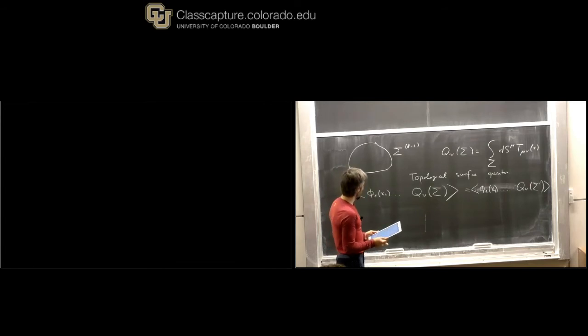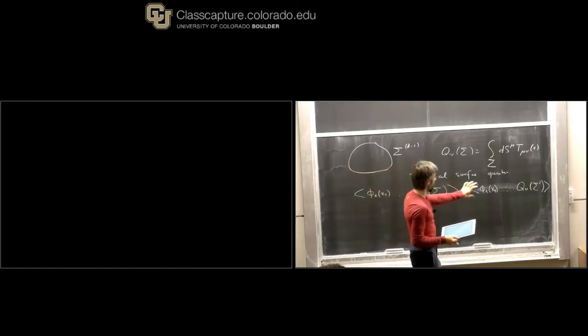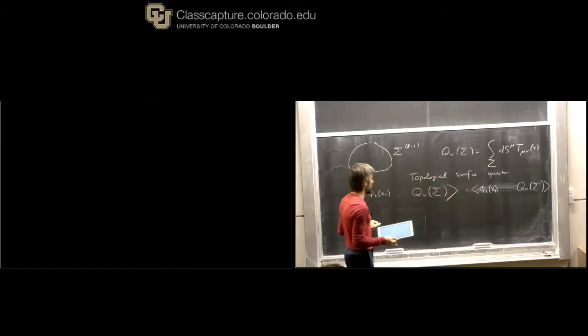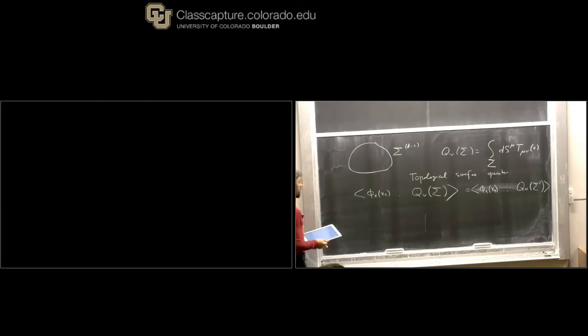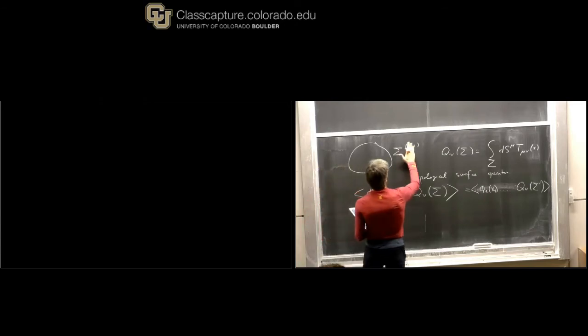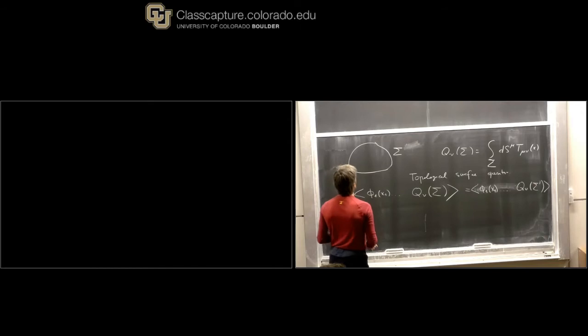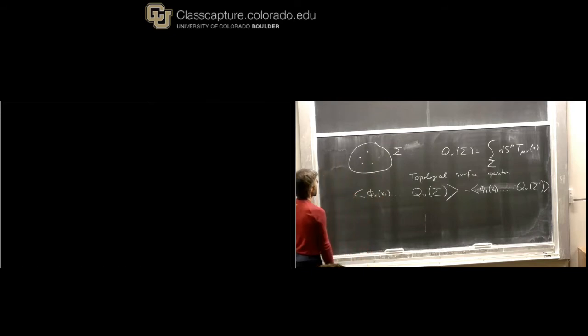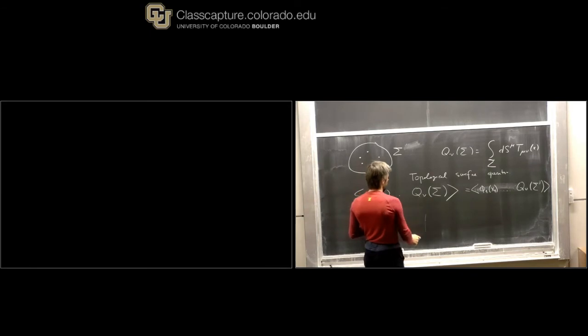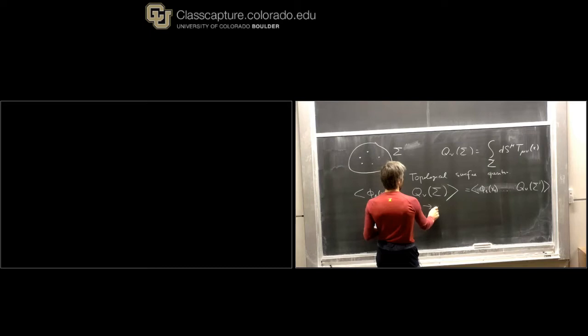This follows from the definition of the conservation of the stress tensor, but now I'm going to play the usual trick. I'm going to take Σ surrounding all of my operator insertions, and then on the left-hand side I'm going to take this Σ and send it to infinity.